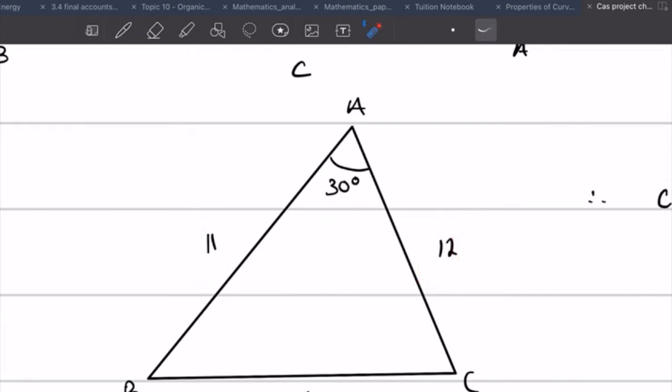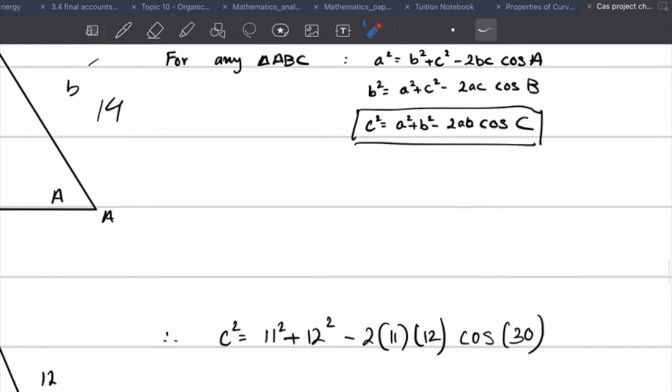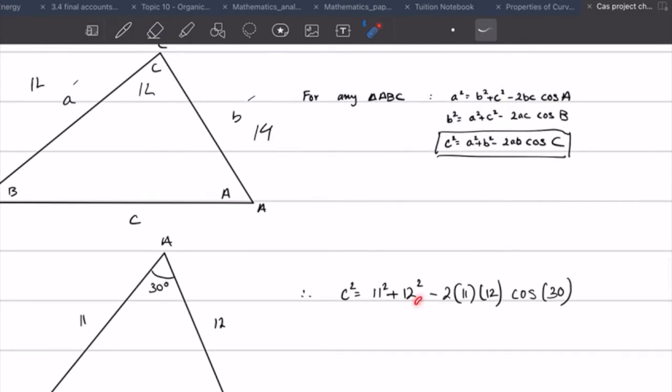We have to find C. Ignore that square, I think that's a mistake. We've been given 11 and 12, and we also have one of the angles. So we can see that this angle is sandwiched in between these two sides. So from this, we can use the formula right here again, which would be C squared equals 11 squared plus 12 squared minus 2 times 11 times 12, and then times cosine of 30.